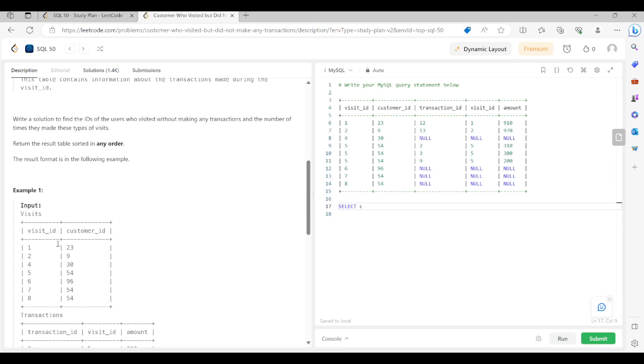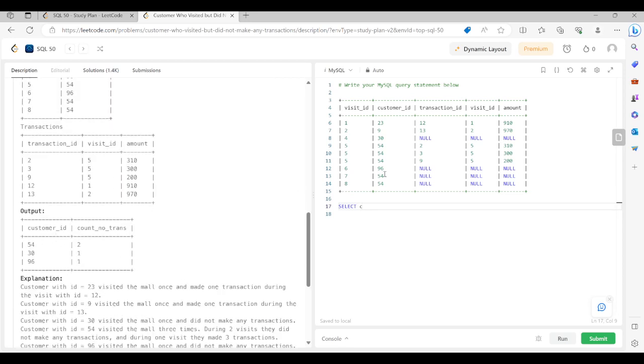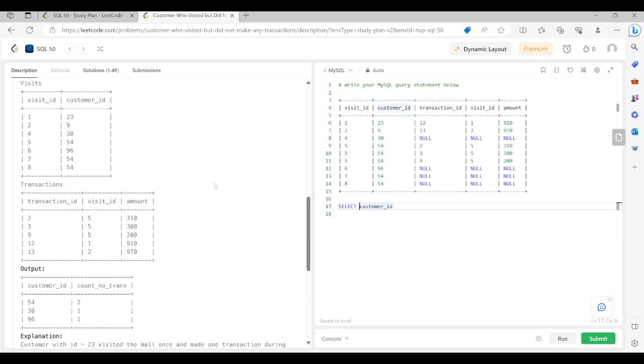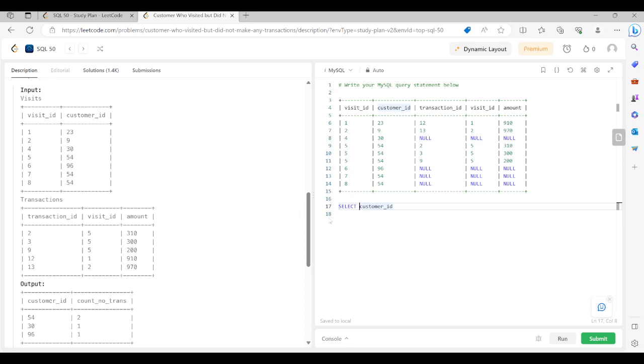Since customer ID is on visits, we make this V dot customer ID. And for the number of counts, we make this count all as count number transactions.